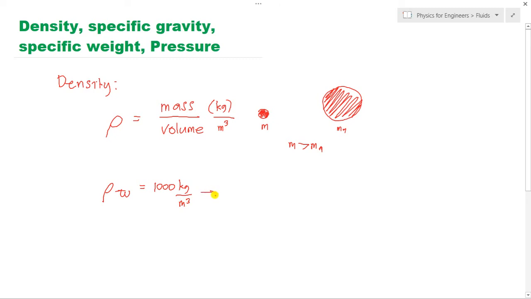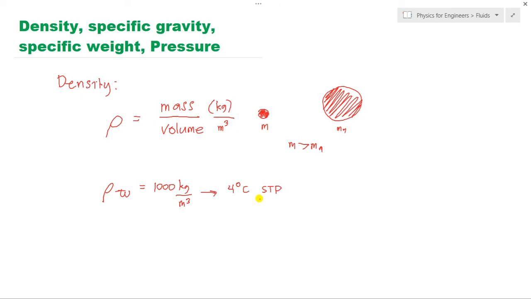That is measured when water has a temperature of, the standard of physicists, 4 degrees Celsius at standard temperature and pressure, atmospheric pressure, at STP.